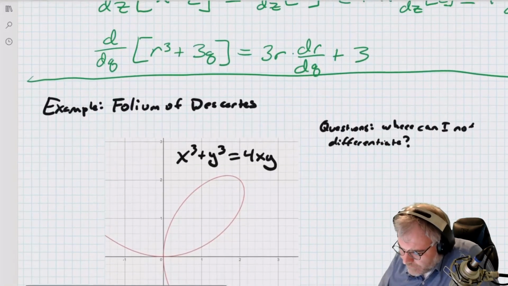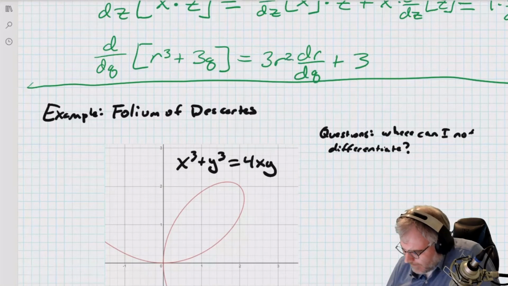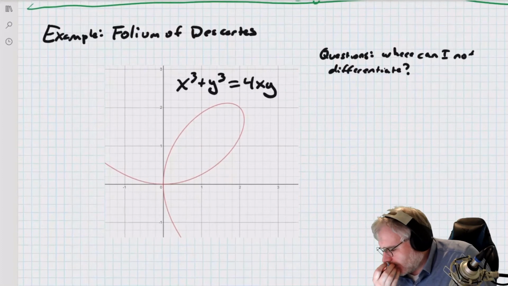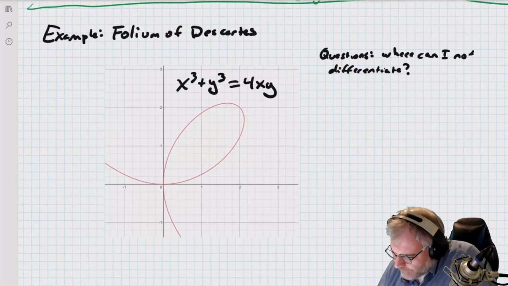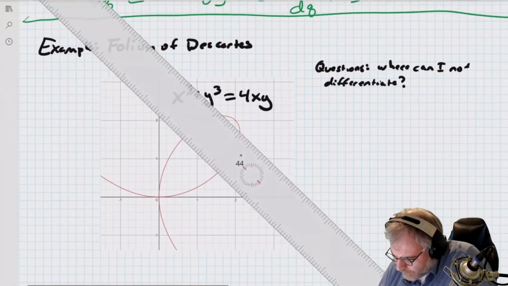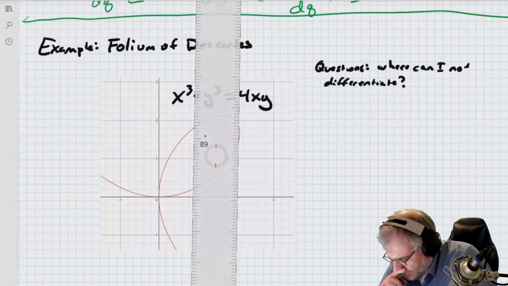Yes, I'm sorry. You're right. 3r should be 3r squared. I'm focused on what I'm saying, not on what I'm doing. Okay, so where can't I differentiate here? Well, there's going to be a point here that I'm going to have a vertical. So there's some point in here that I can't do it.